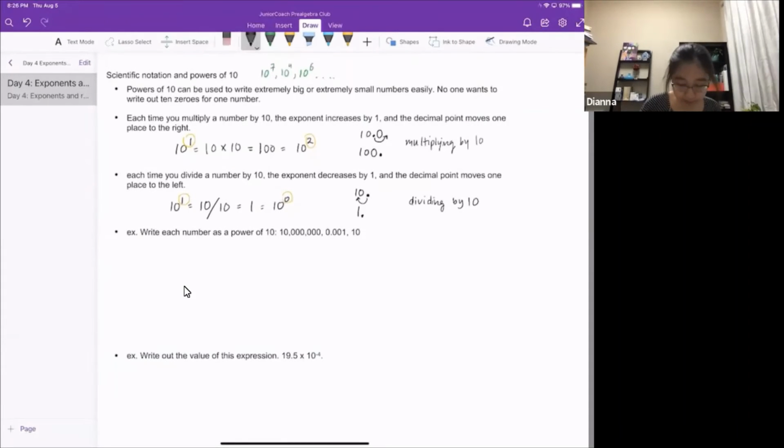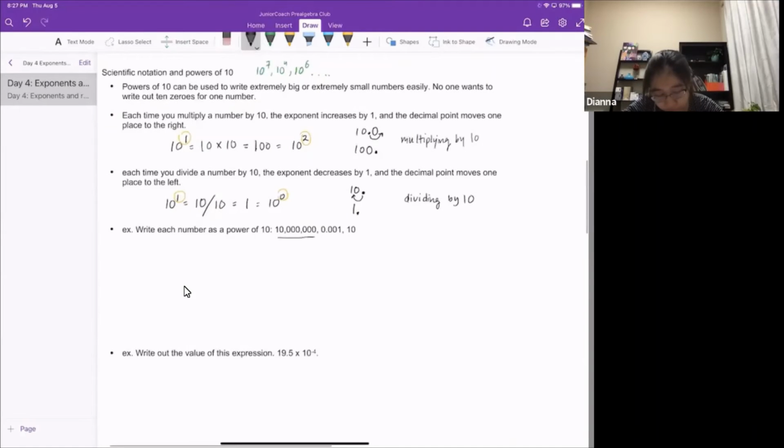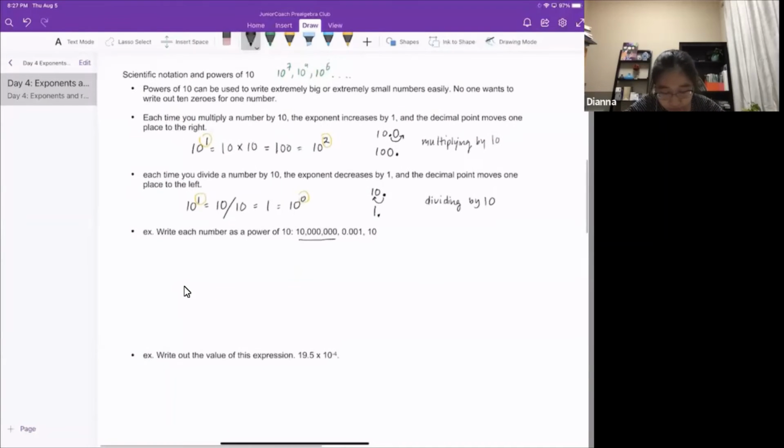Okay, we have some practice to familiarize ourselves with this. First example: write each number as a power of 10. Let's do these 3 different examples. This one is 10 million. Let's write out 10 million.